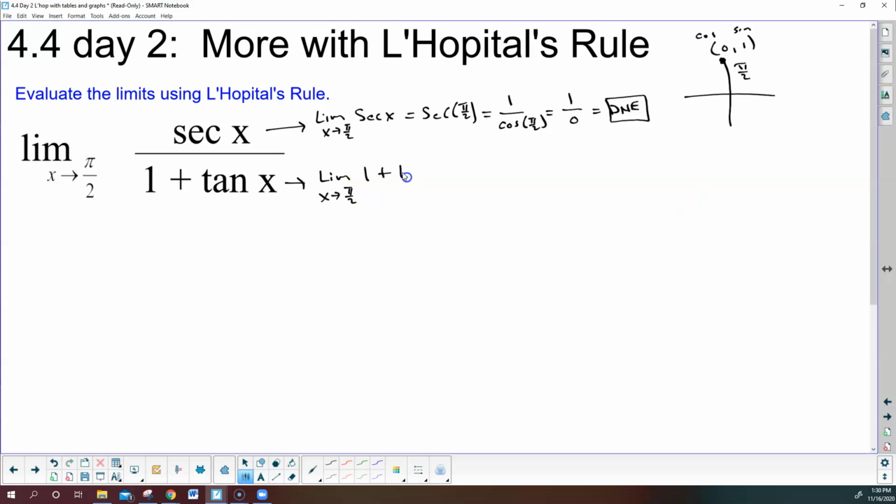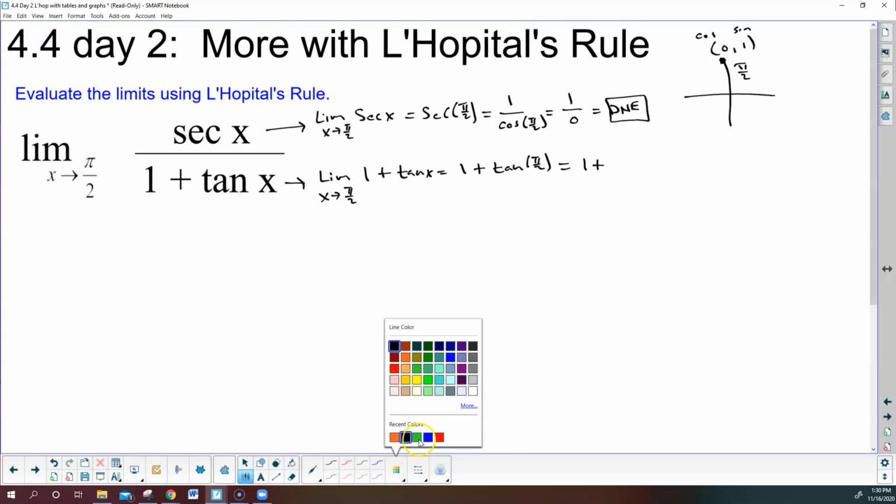Now notice how I am writing the limit of the denominator. You can't just jump to this part right here. You have to include the limit because that tells the reader what you're doing. Then I can do substitution, and I've got to figure out tangent of pi over 2.